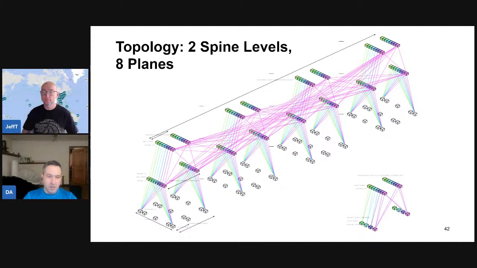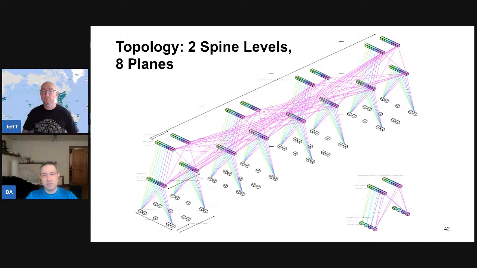It's Clos or folded Clos. People in different places call it slightly different names. But anyway, it's 3 stages with 2 spine levels and 1 level which we call top of the rack. Some people call it leaf. Once again, there are some differences in terminology, but basically it's the same topology, the same structure.